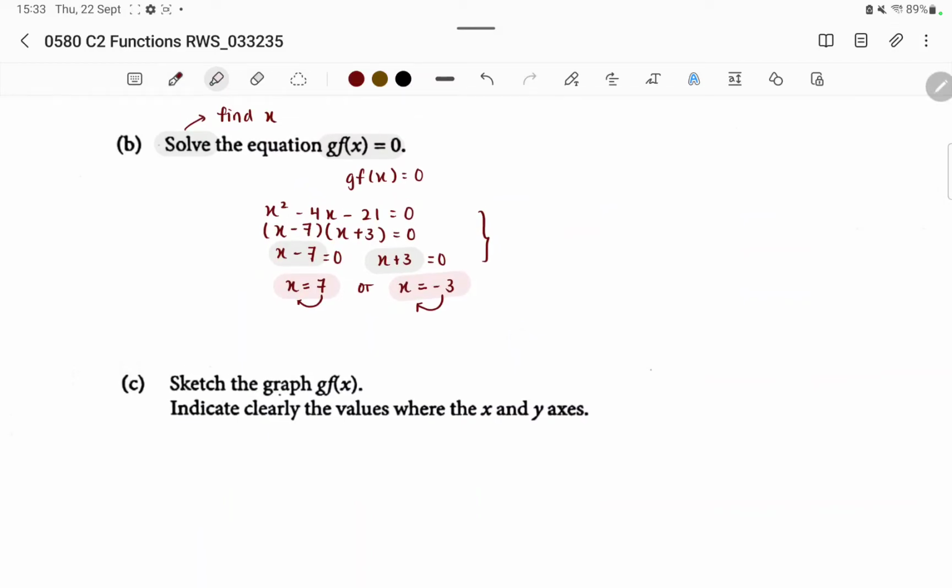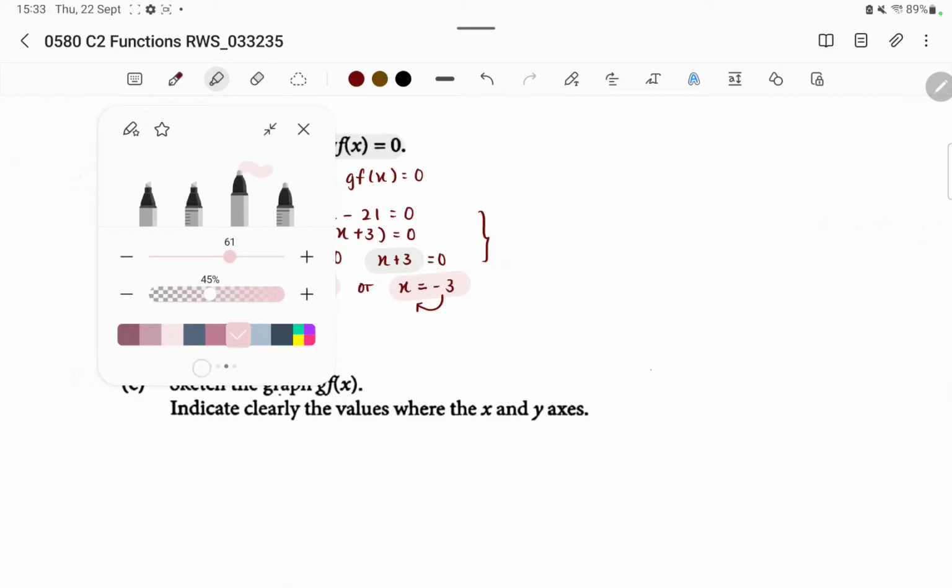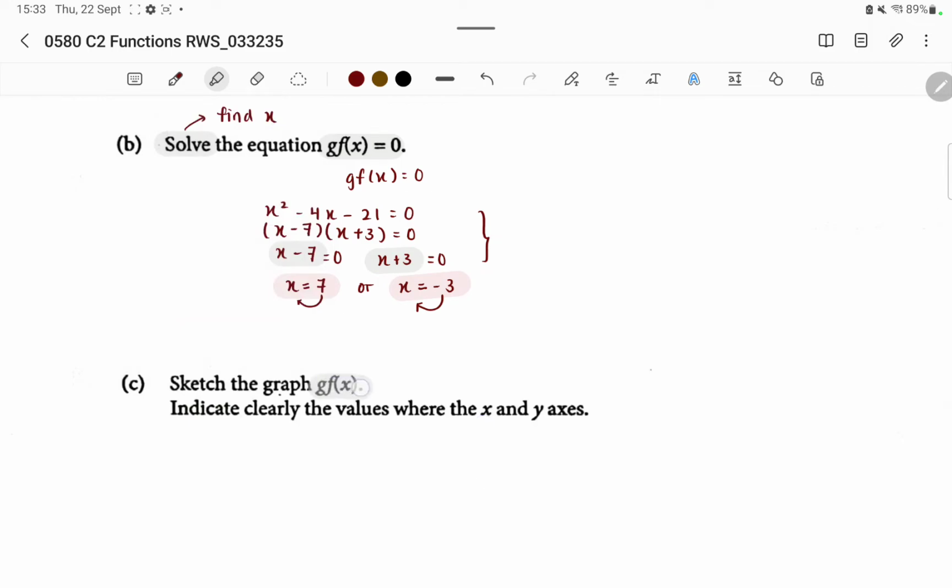Sketch the graph of g(x). Indicate clearly where the x and y axis are. This means that you have to find out the x-intercept and y-intercept.